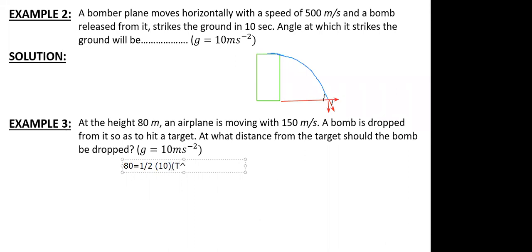After that, we'll make t the subject, and we'll get t is equal to 4 seconds. Then for the range, the distance would be the range. So R dash is equal to u t dash, which is 150 into 4, which is equal to 600 meters. Yes, absolutely correct. Thank you.